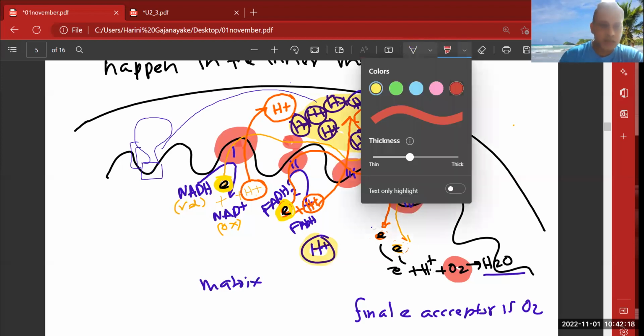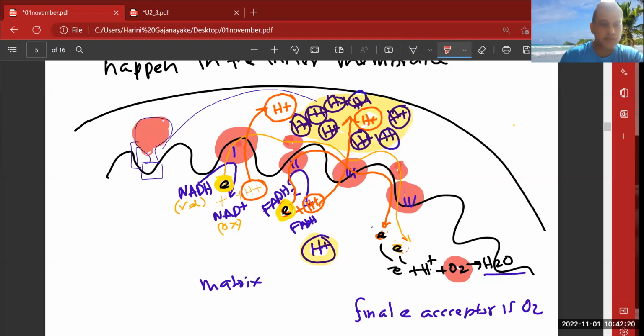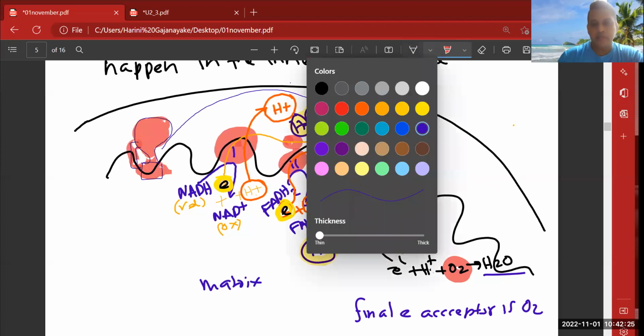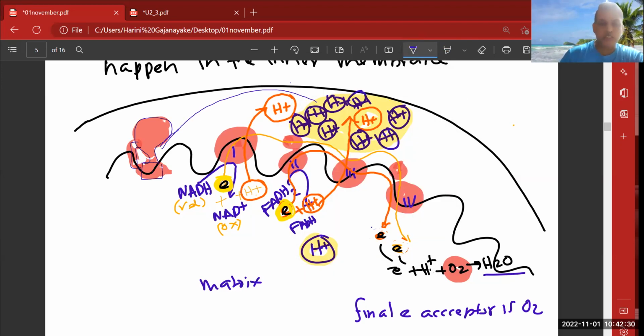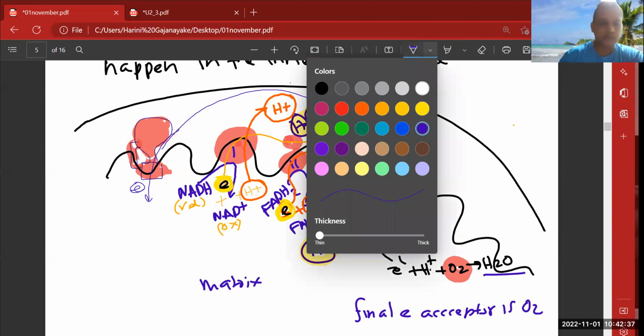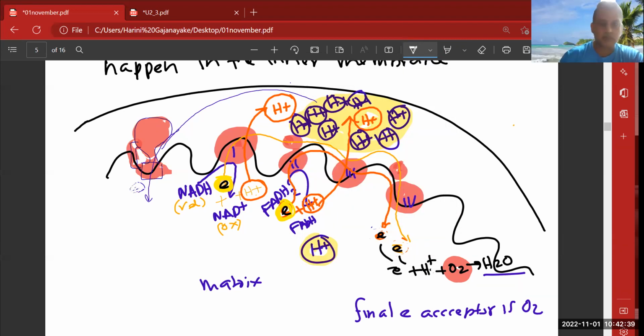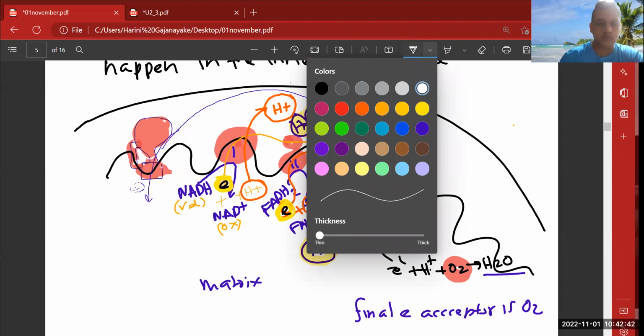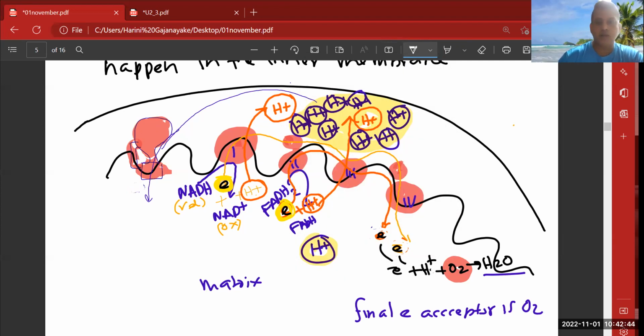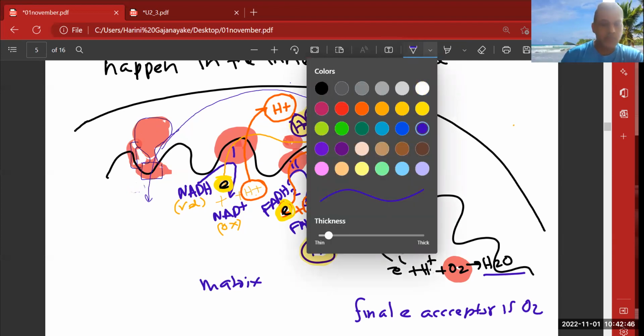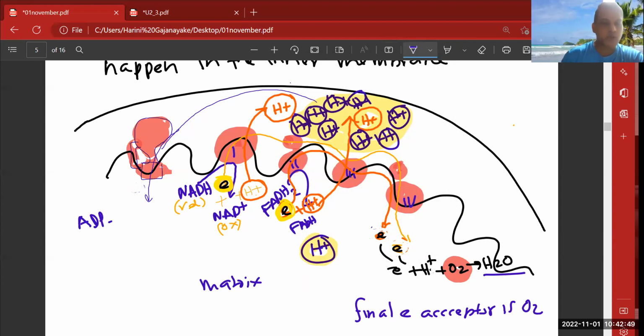This is the ATP synthase complex. Same as light dependent reaction, the hydrogen, not electron, is moving in. Then ADP plus phosphate produce ATP.